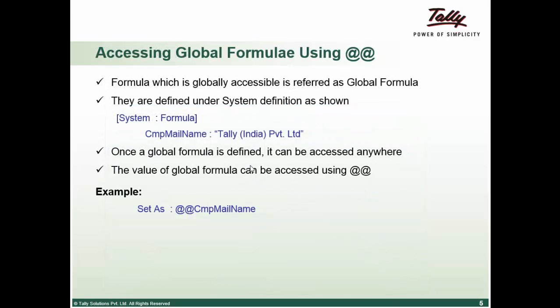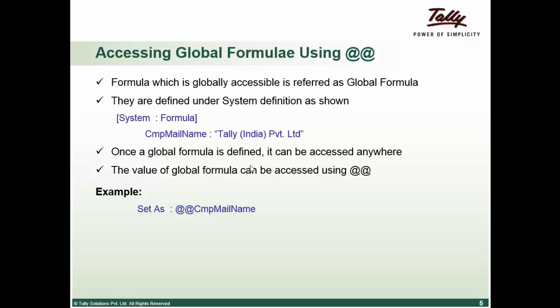Then we have the global formula, that is using the double at. A global formula is the one which is defined at the system level and is available across all the definitions. So it can be accessed by any definition, and hence it has to be defined under a system definition.